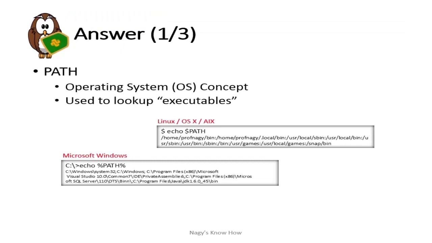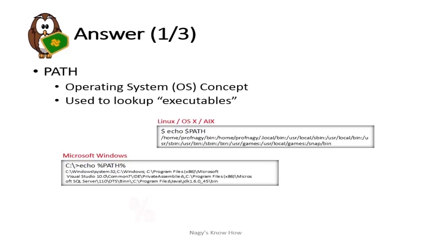To help us in the answering of this question, all we have to do is get into a console or terminal prompt on the operating system, and no matter if we're running on Linux or OS X or even Microsoft Windows, we should be able to query the path as we see here, either prefixed by the $ sign on POSIX systems or by using the % delimiters on either side on Microsoft Windows.